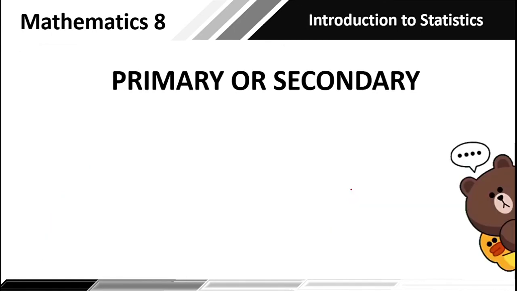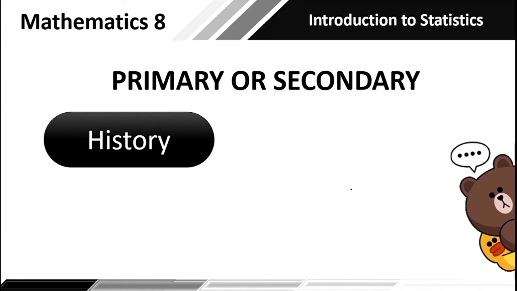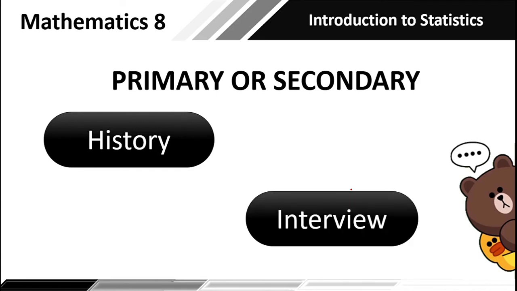Now let's identify which of the following are primary or secondary data. History. This is under secondary data because history can be found in books or in journals. Others may be found in video form. How about interview? Interview is under primary data because you are the one who is conducting the interview.